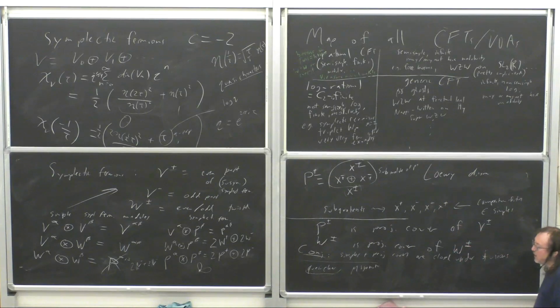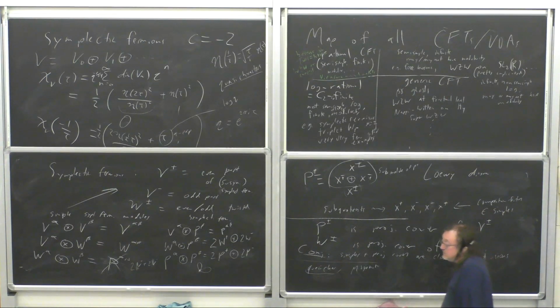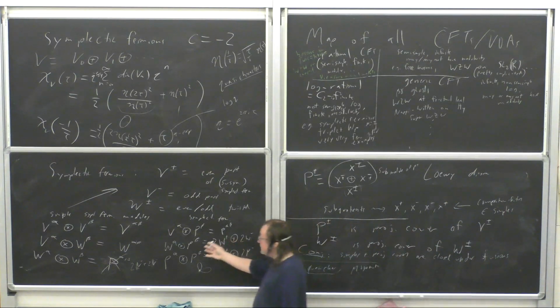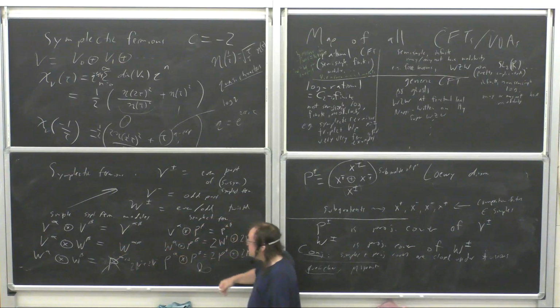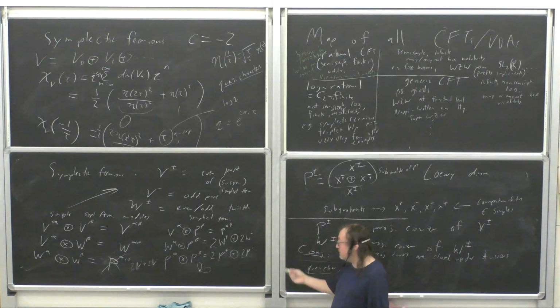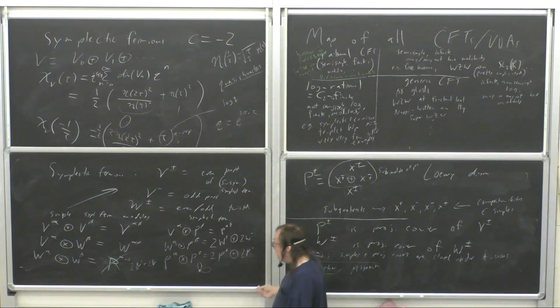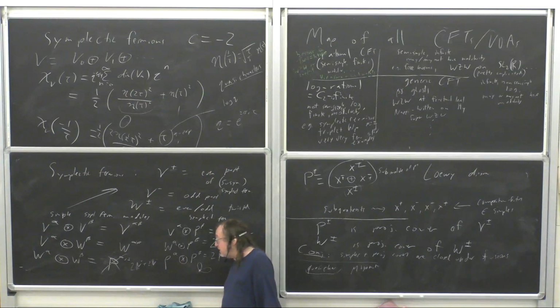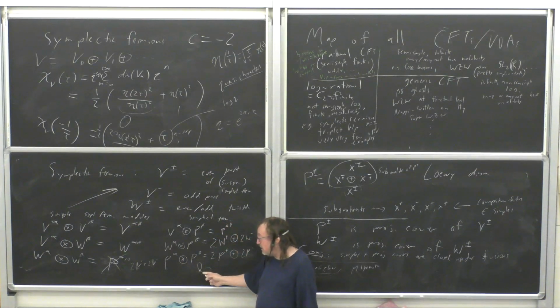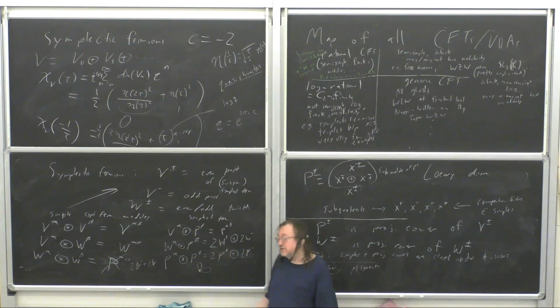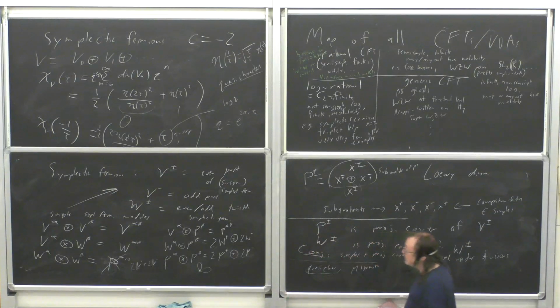I'm not sure why. So really the CFT sees more or less just these things: the V's, the W's, and the projective covers, the simples and the projective covers, and then some of the subquotients thereof. I don't know of any example where any other of the uncountably many modules of the symplectic fermions, for example, plays a meaningful role in the CFT.